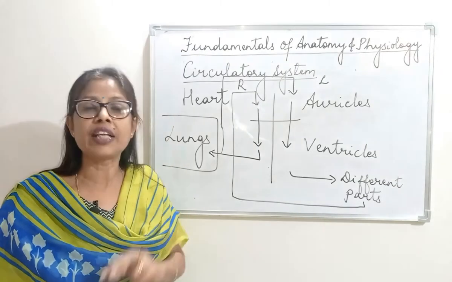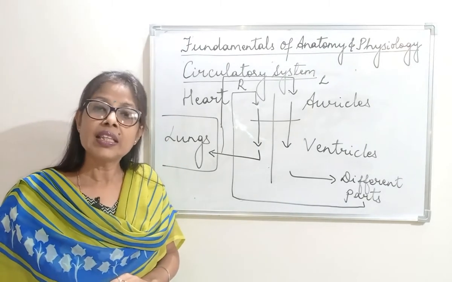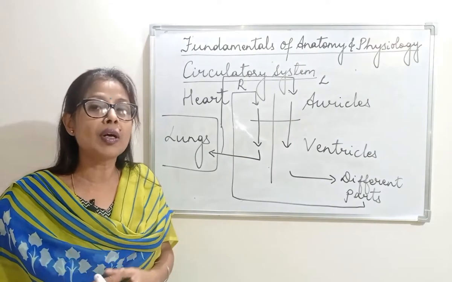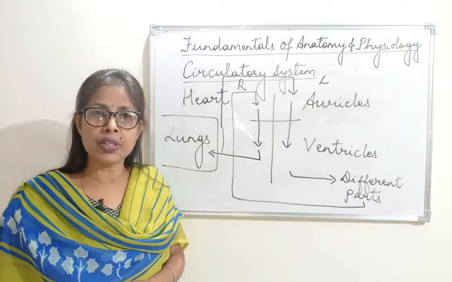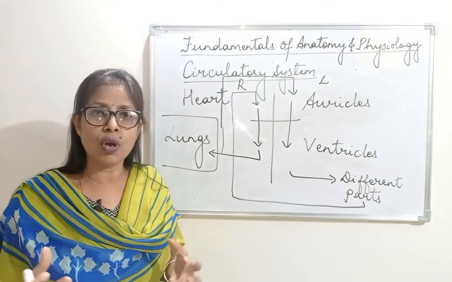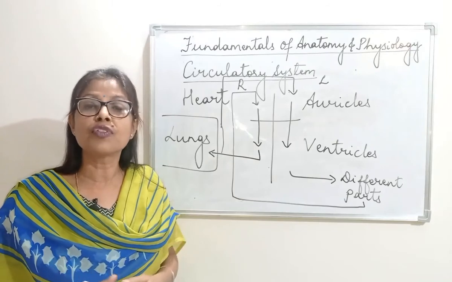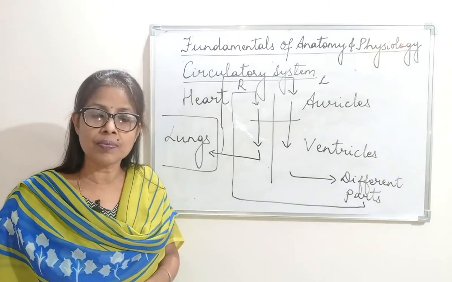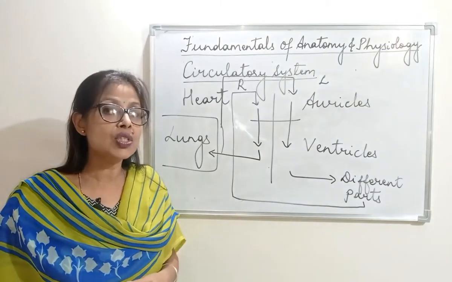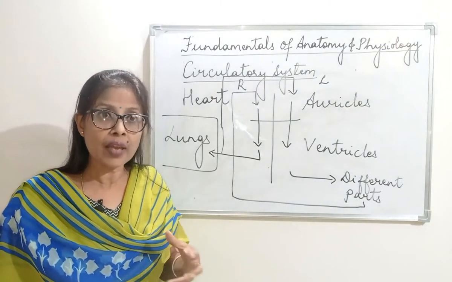Why? Because it is entering twice. This double circulation is needed to keep the constant body temperature. You have seen outside, even if it is cold or it is hot, the body temperature of human beings does not change. It remains constant. Same is the case in birds also, aves.